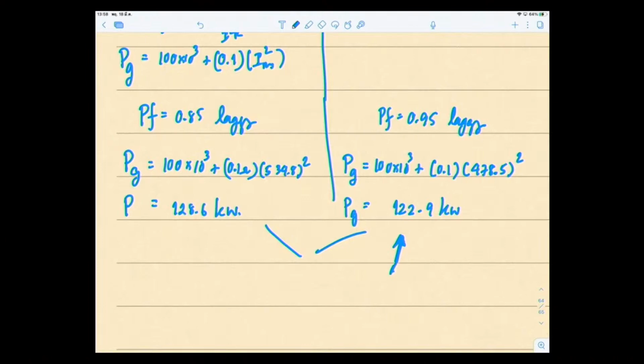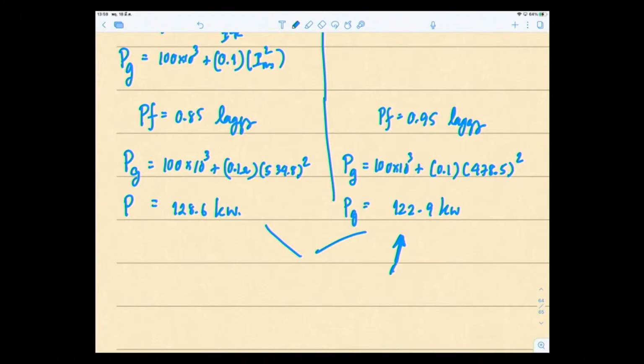Of course, the power company is not going to absorb anything that's not good for them. So they set up the rules that the power company would charge the factories if your PF is below certain values. So they will charge a penalty.